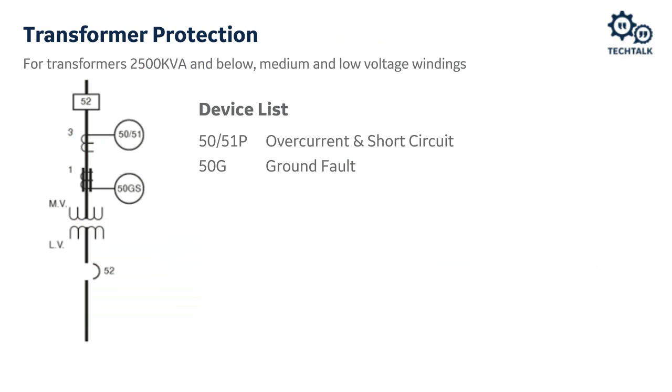As a general rule of thumb, for transformers rated at 2500 kVA and below at medium or low voltages, we'll simply only use our 50 and 51 instantaneous and time overcurrent elements on the three-phase CTs from the high side of the transformer. And for ground faults, we'll use an instantaneous overcurrent. On these smaller transformers, internal faults aren't necessarily as big an issue, and the transformers aren't quite as critical.